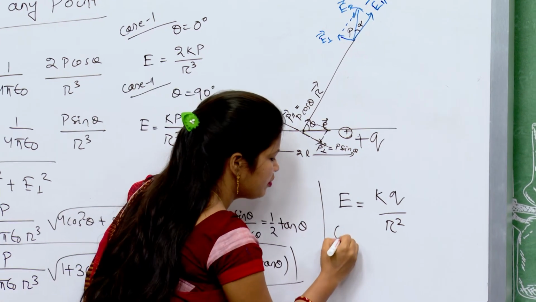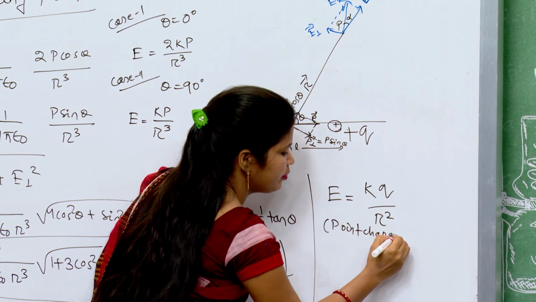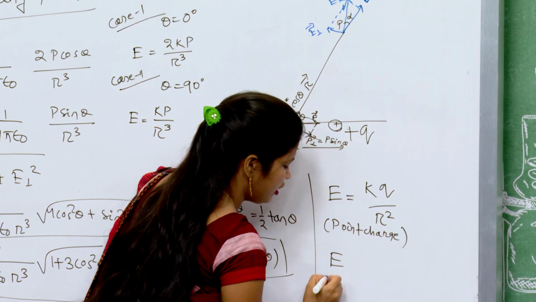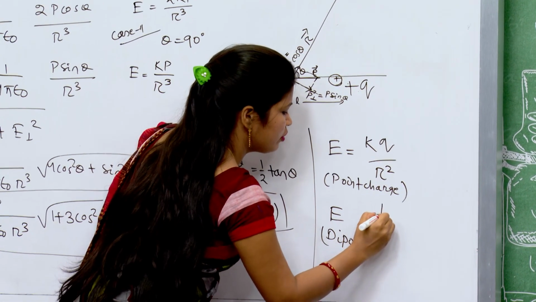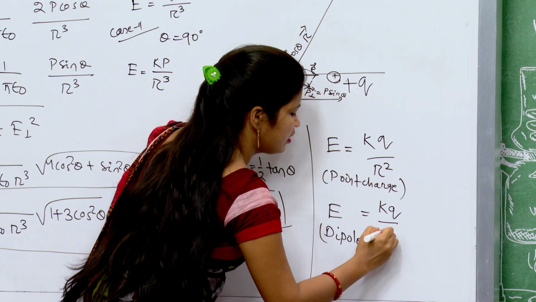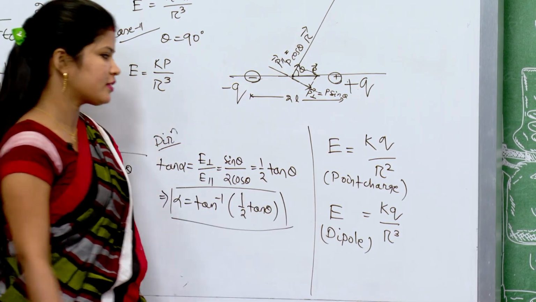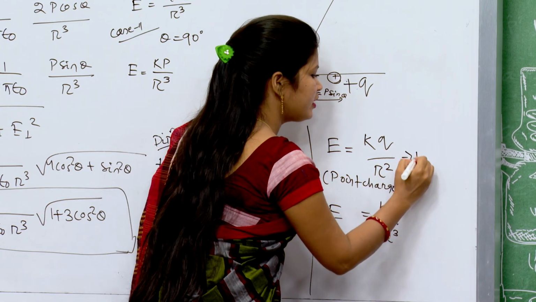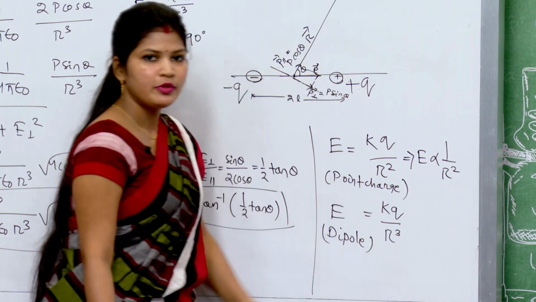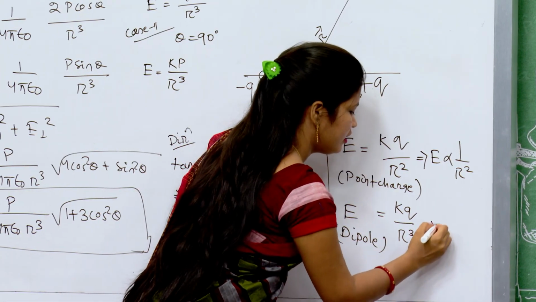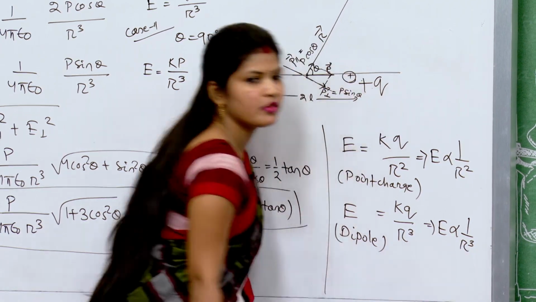This is for a point charge, and for a dipole, E is proportional to k Q upon r cubed. What do you observe from these expressions? For a point charge, E is inversely proportional to r squared, and for a dipole, E is inversely proportional to r cubed.